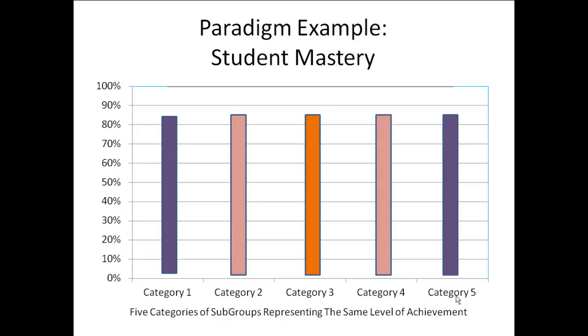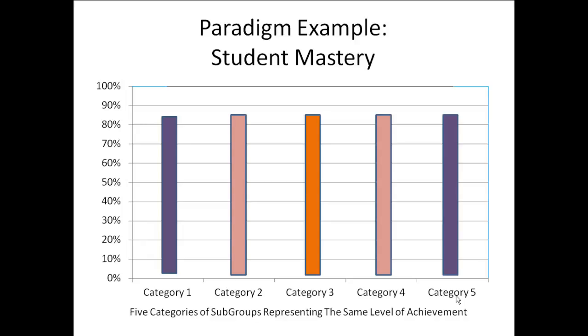And what we're trying to do here with this paradigm is, regardless of the category of performance in a subgroup on a bell curve, what we're trying to do is to get each one of those subgroups to perform at a certain level of performance. So let's say, for instance, in this example, we would say that every subgroup category would perform at 85%.